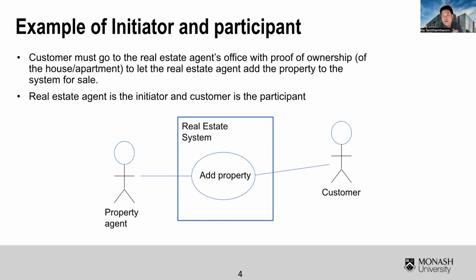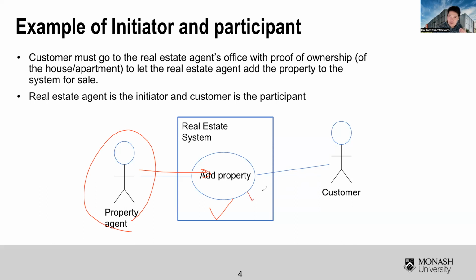No, right? Someone needs to create it. And who is the person who creates the property? They should be the property agent. Let's say if we want to list some property here, the property agent adds the property to the system. That's the initiator, the first actor. Without the property agent adding the property, no one can look at it, right?